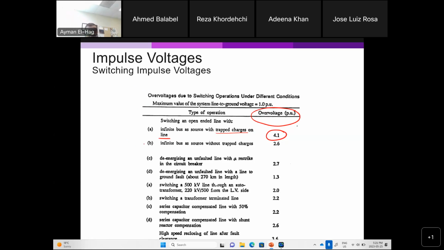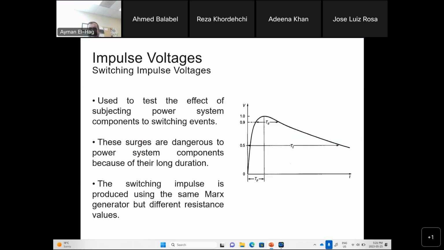And here, these are some examples with typical values. And every time the voltage is going higher than the rated voltage. So we need to test the equipment under these conditions. For that, we will have an impulse waveform, but the characteristic of it is different. We said that for the lightning, it's 1.2 by 50 microsecond.